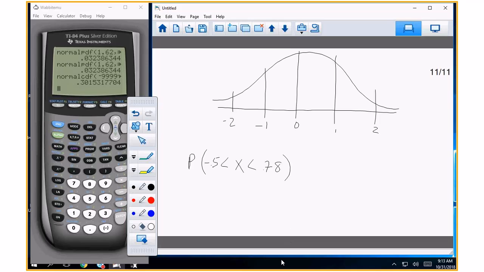And this is where you say, well, I just go to the next problem. Well, first of all, I'm going to do the 0.5 in red, and I'm going to do the 0.78 in blue.